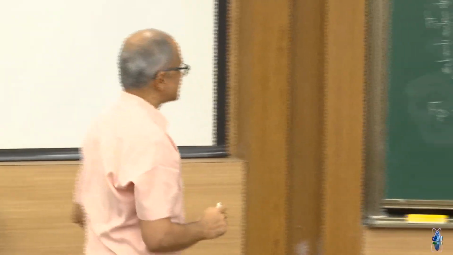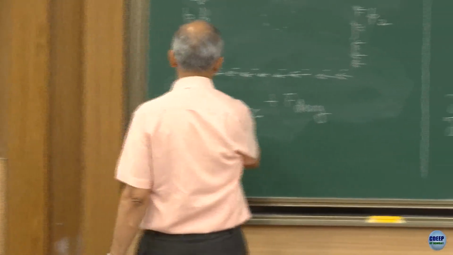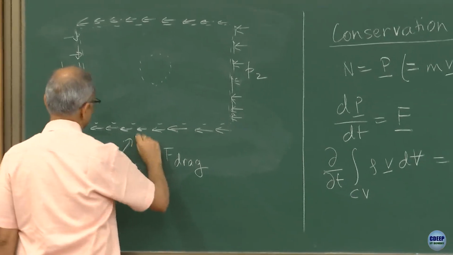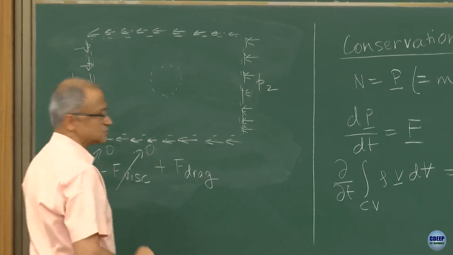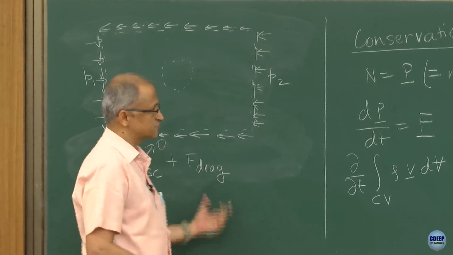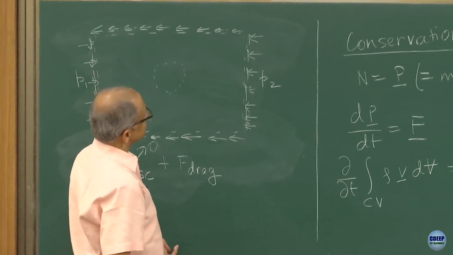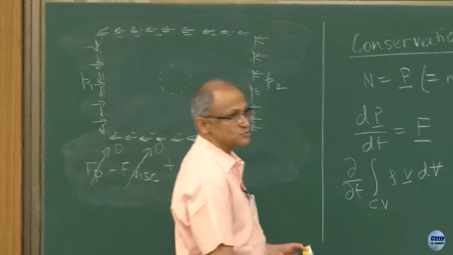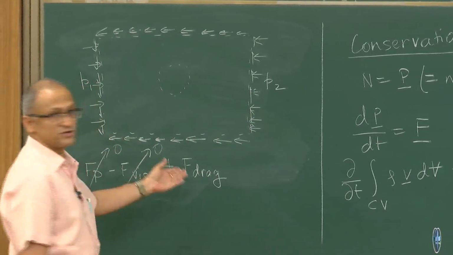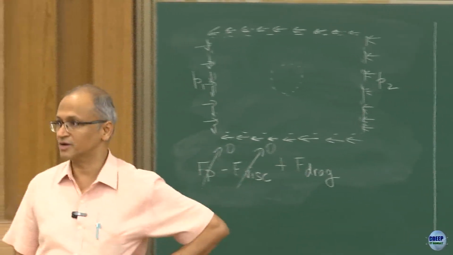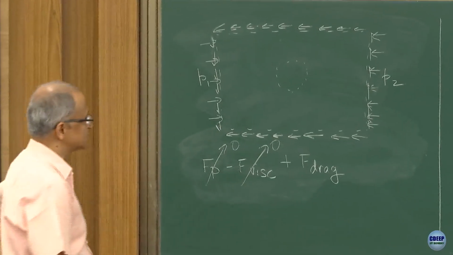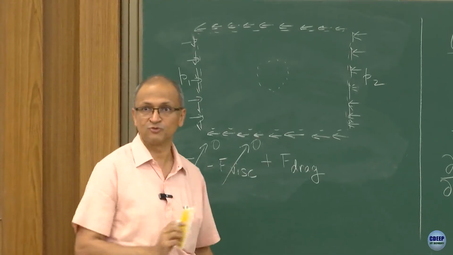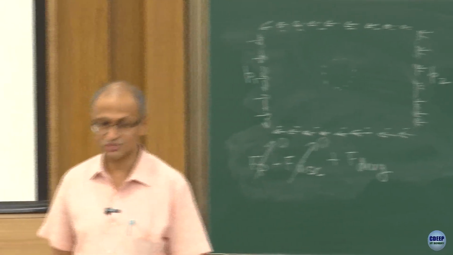By choosing a large enough control volume, we are making these two terms 0 and we are only left with the drag force. Now we can come back and answer how much momentum is coming in and how much momentum is going out, and the difference of that should lead to my drag. Is this clear? Before moving ahead, let me pause and see if there are questions.